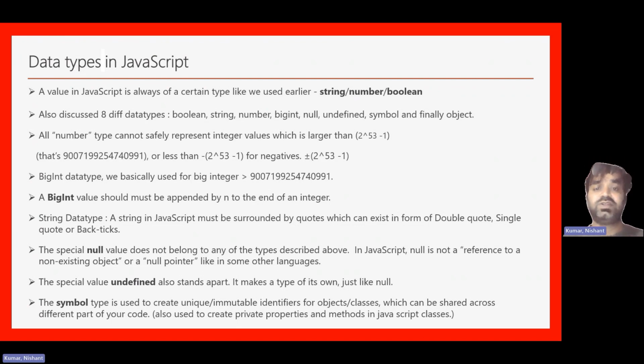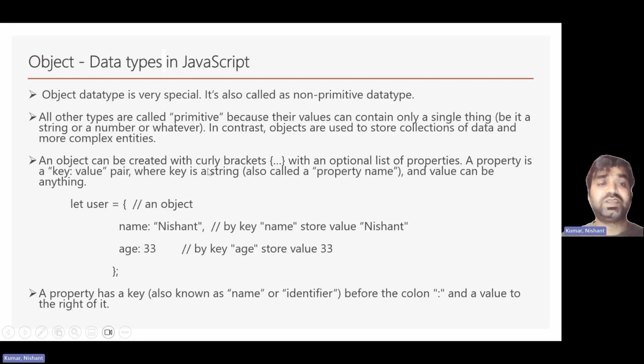At last we have the object data type. The object data type is very special because we utilize it for collections of data. Either we can use an array, or we can define certain objects and assign values in the form of properties. For example, if we create a user variable, we can say it is an object.